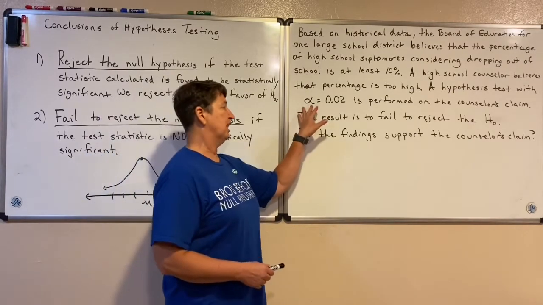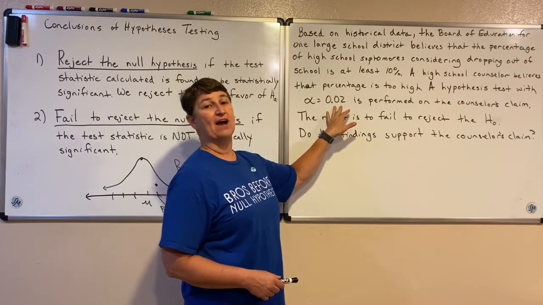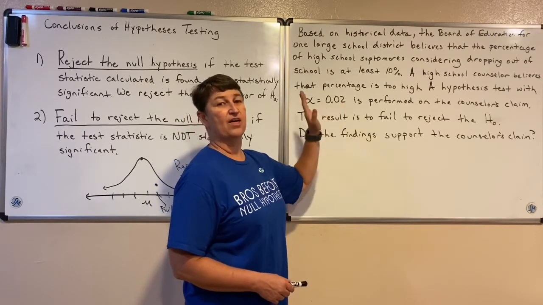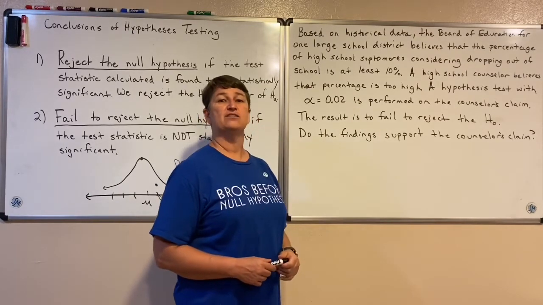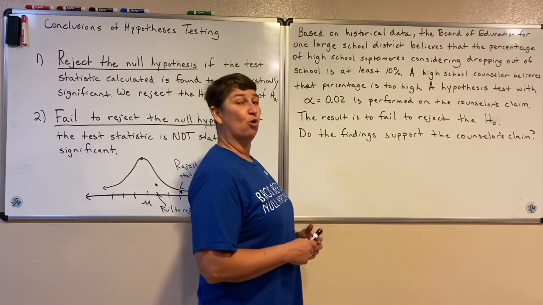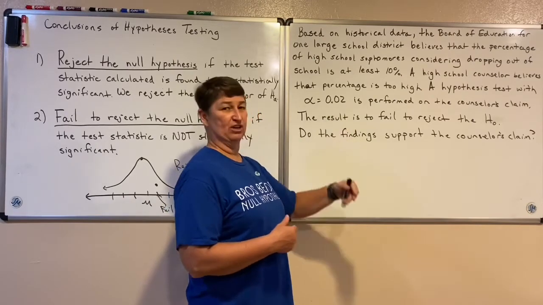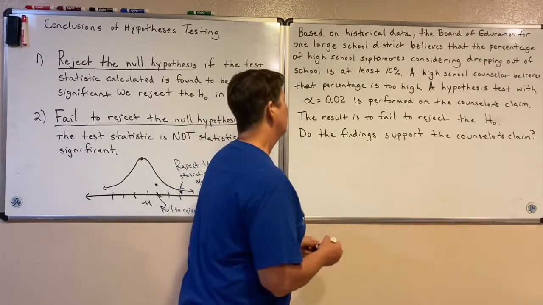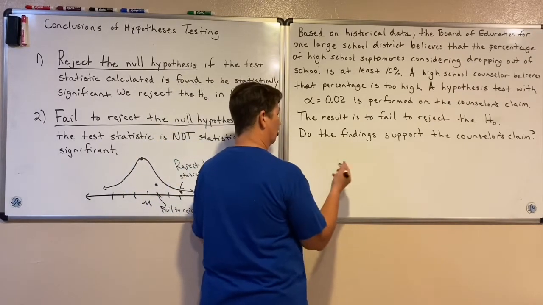First of all, this level of significance of 2% tells me that I need to have a test statistic that is out far enough that it is at the 2% probability that I get it. Or we could say that we have a 98% confidence level. So here the result is to reject the null.